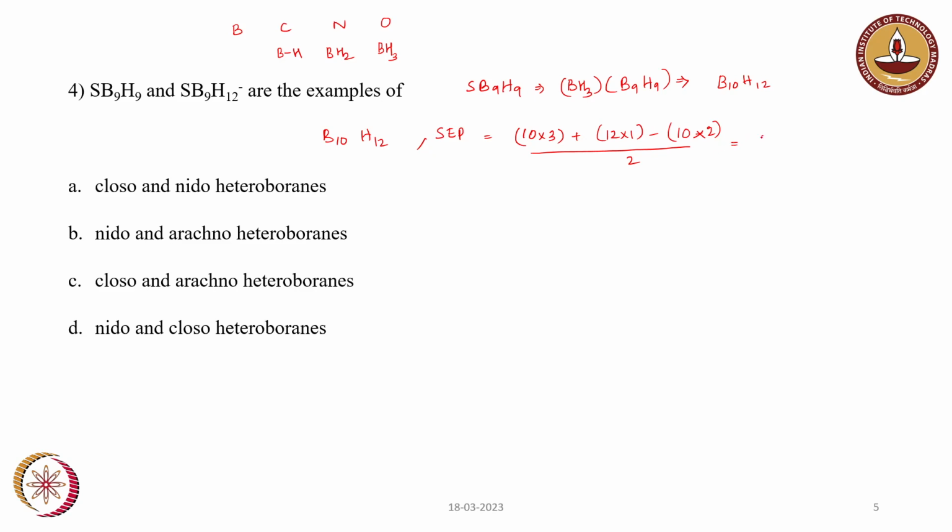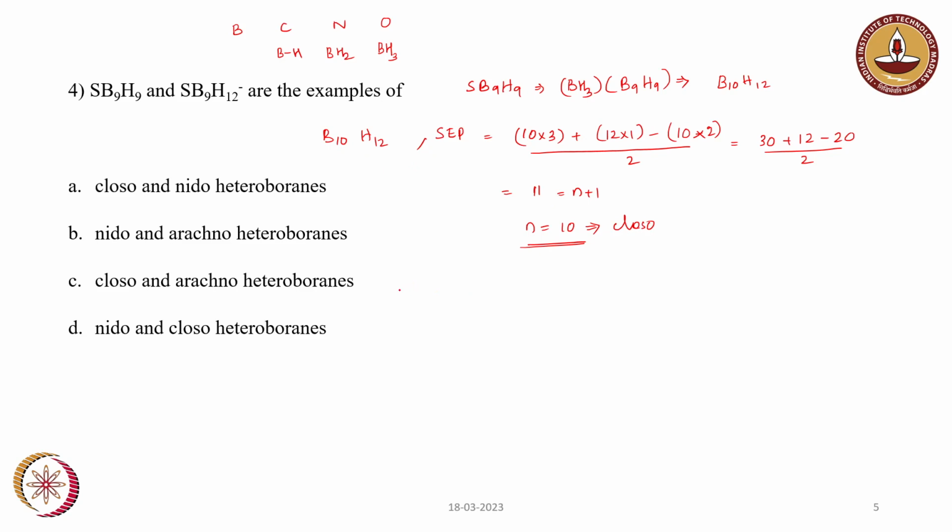That is 30 plus 12 minus 20 divided by 2, which is equal to 11, which is n plus 1, and n will be 10. So if 10 borons are present, it will be closo. So this one is closo.